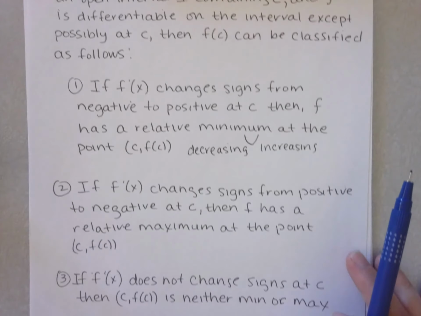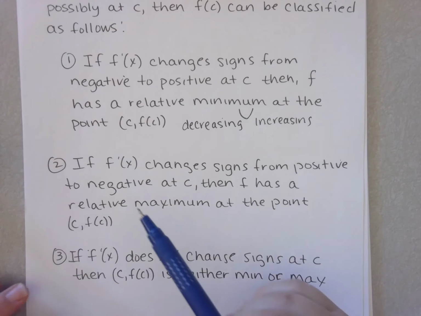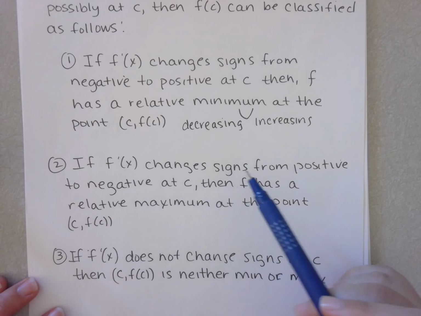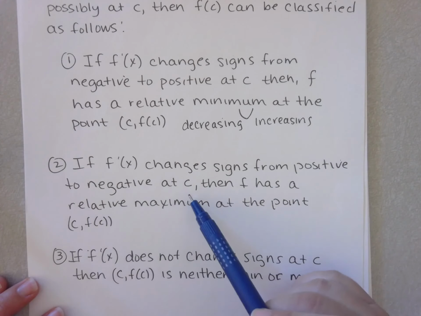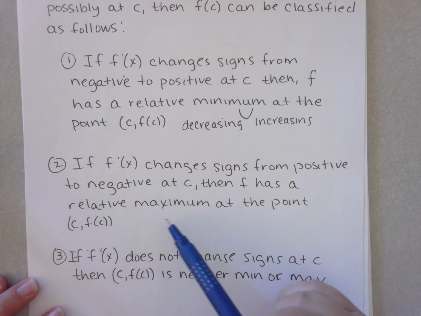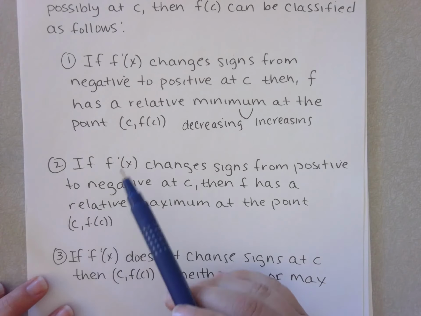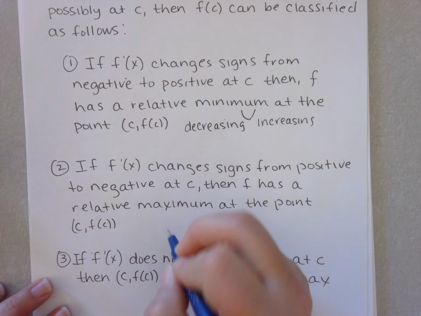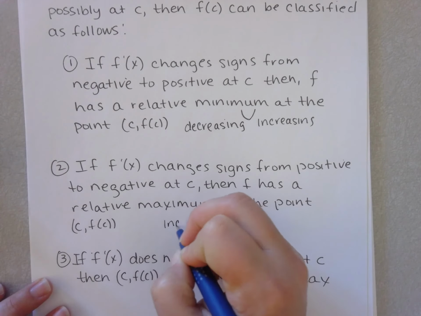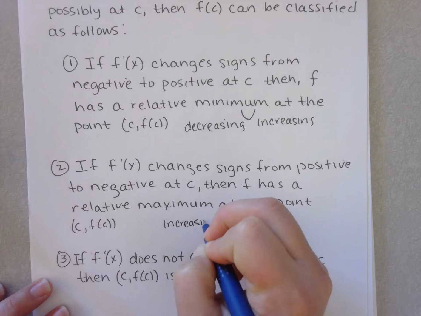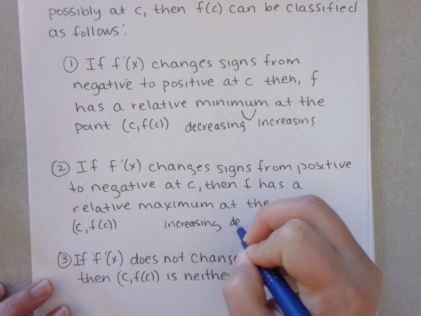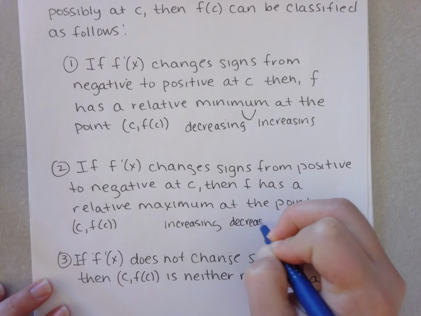All right, so the second one is that if f prime of x changes sign from positive to negative at C, then f has a relative maximum at the point C, f of C. So this means I'm changing in the opposite direction. So this time I have a positive slope, meaning I have increasing on the left of C, and then I'm decreasing on the right.